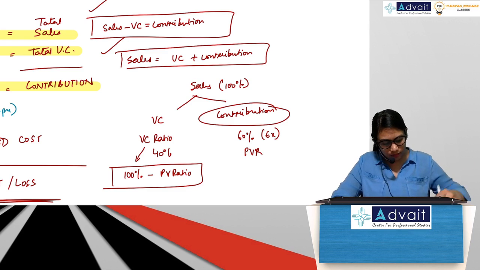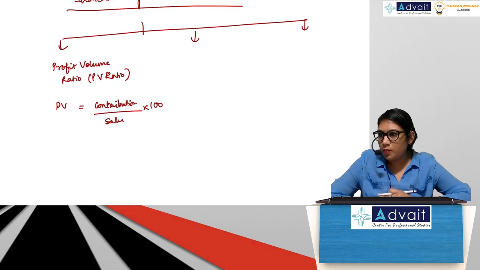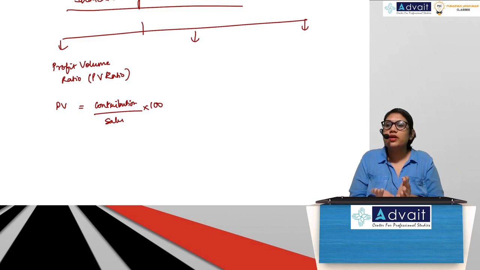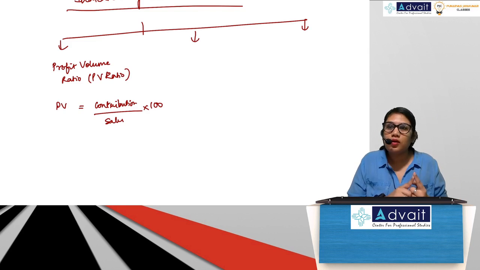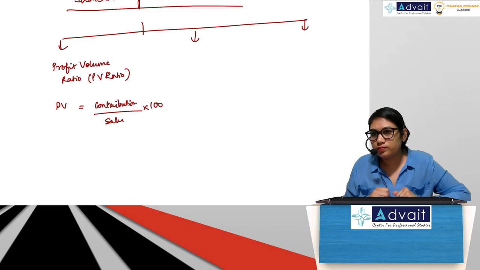So now you tell me, you know what is PV ratio? The percentage of contribution on sales. If my PV ratio is higher, is it good or bad? Higher the PV ratio, the better it is or the worse it is? Better. Why? Because if our PV ratio is more, then our contribution will be more. And if our contribution will be more, then net profit will be more. Yes or no?